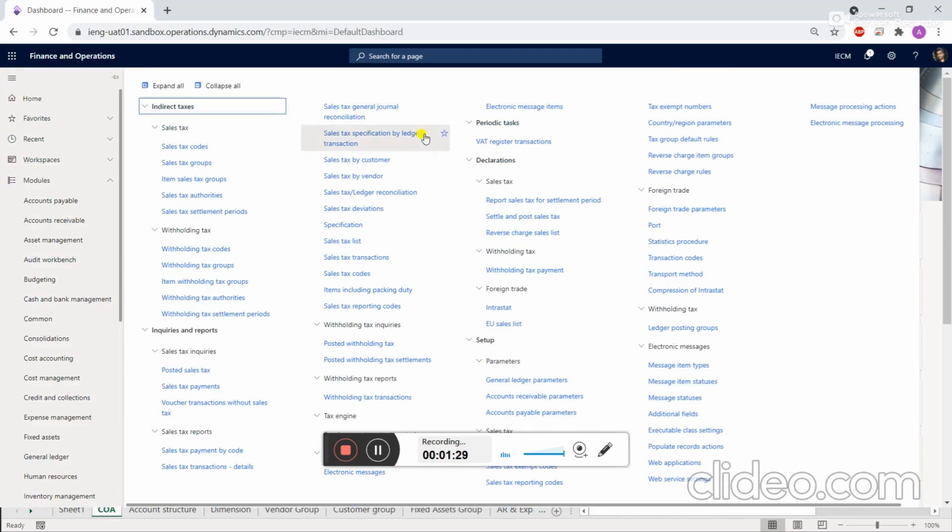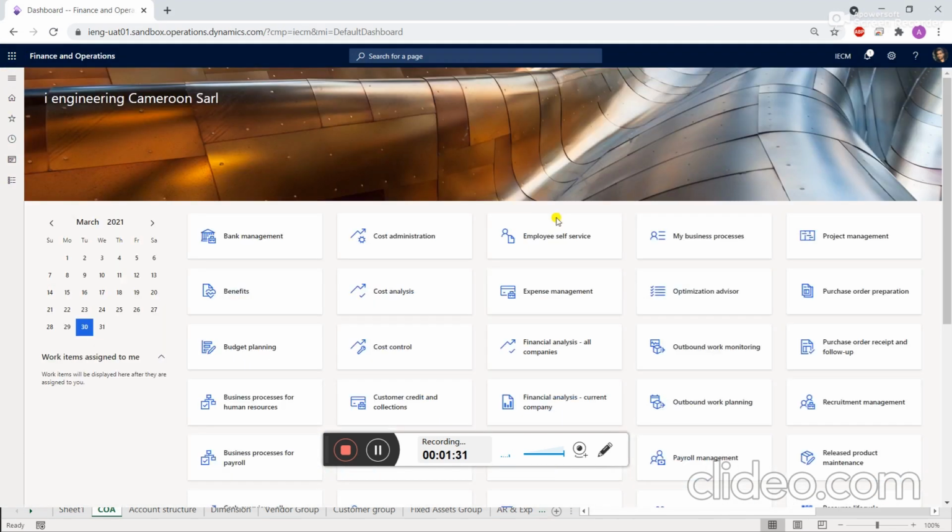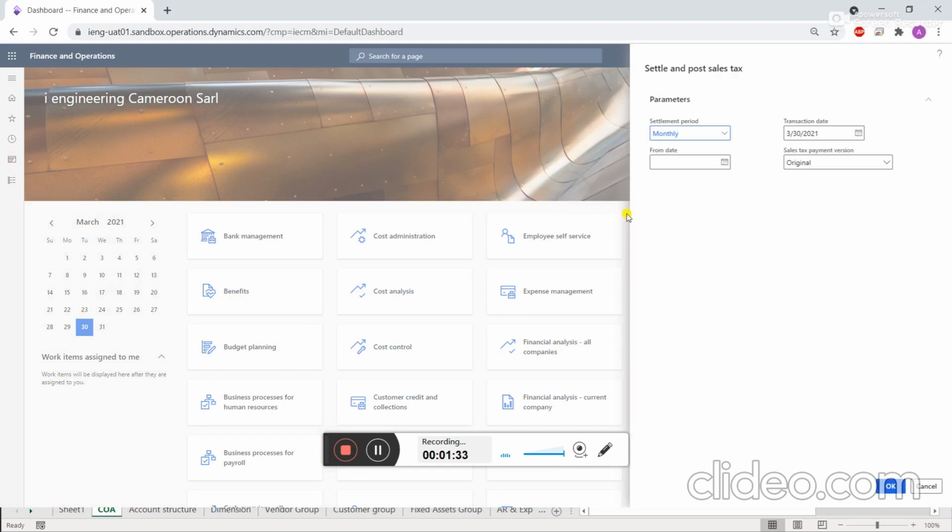In case there is any revision in regard to the month of February, you can still select this again, and from the drop down list you can click latest correction.